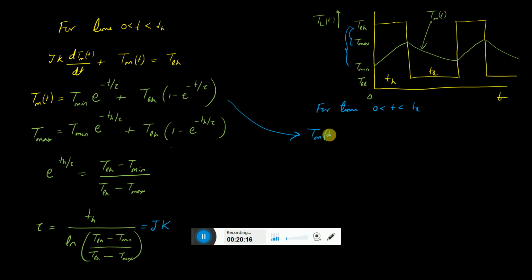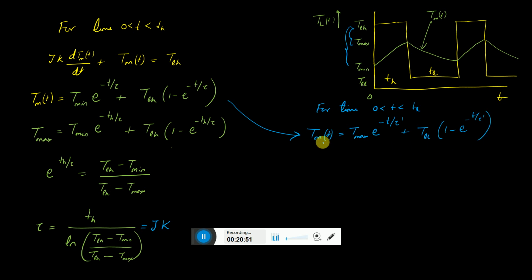So T(t) will be equal to, the initial value is no longer T minimum, the initial value is T max, then e to the power minus t by tau dash. The slope tau dash, if this is the constant tau, this side may not be the same, tau dash, plus what is the final value it is supposed to reach? TLL, and 1 minus e to the minus t by tau dash.